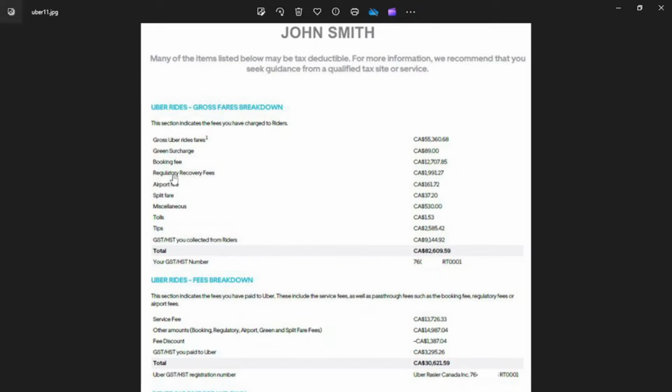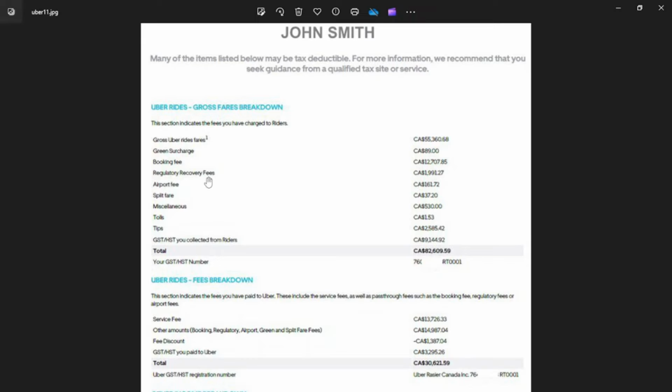For this service to the passenger and the driver, Uber is charging a booking fee. So basically, the passenger will be charged a booking fee by Uber on behalf of the driver, and then Uber will take this money back from the driver.